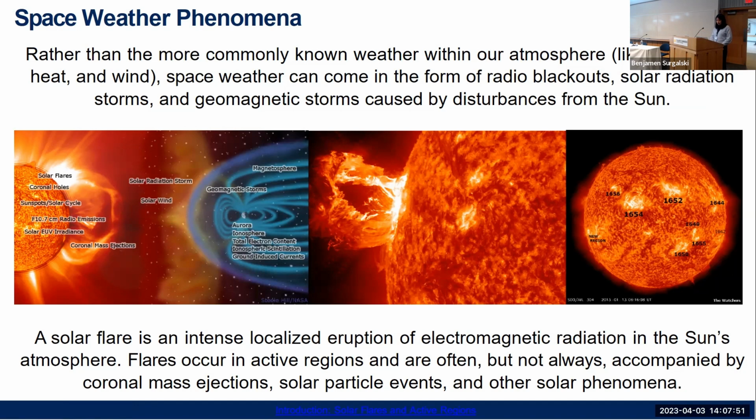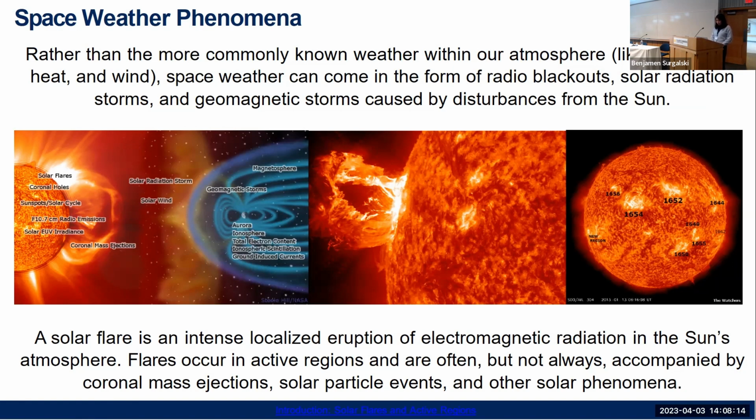So all of these events might cause disturbances to the geomagnetic field within the surrounding area of the Earth. And this will cause a lot of issues to our society. So that's why in real time, we always want to monitor and forecast space weather events and try to evaluate the impacts for the Earth.